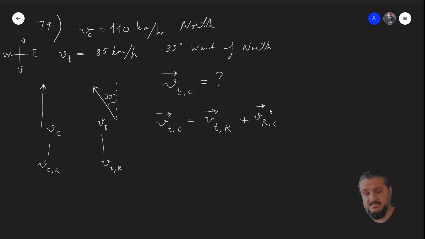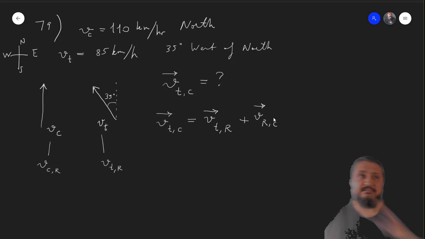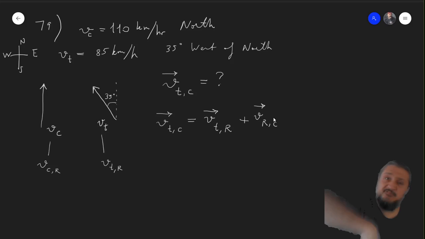We are given VCR, the speed of the car with respect to the road. What is this VRC? Our notation means that would be the speed of the road with respect to the car. For passengers in the car, the car is not moving, but the road is moving in the other direction. So if I flip the indices, it's changing the vector's direction by 180 degrees.